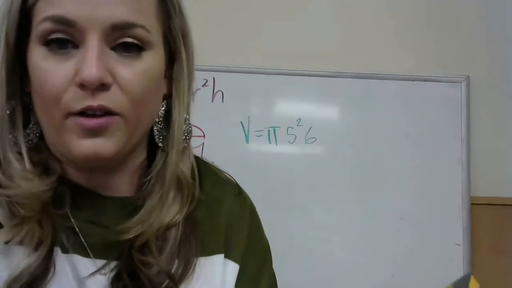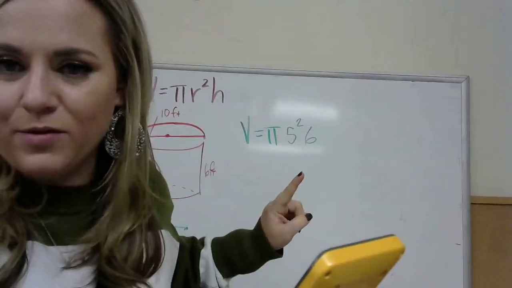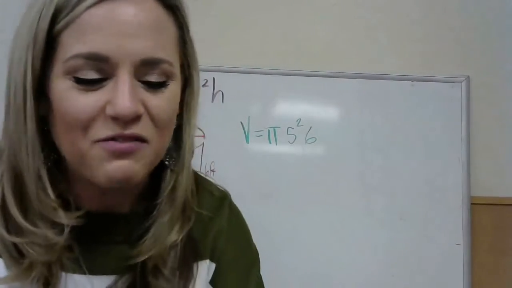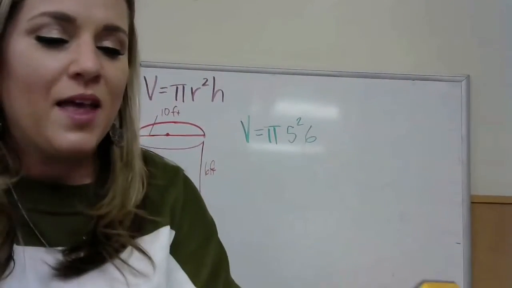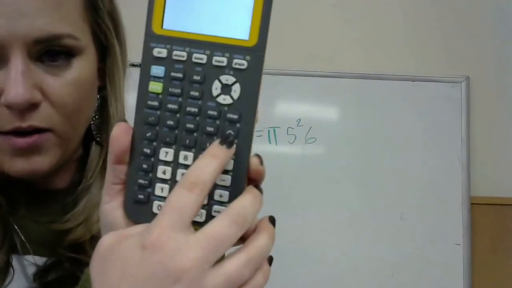So in my calculator, I'm going to plug in that formula that I already have. We have pi, and it's not going to show up here, but it's this little arrow second.